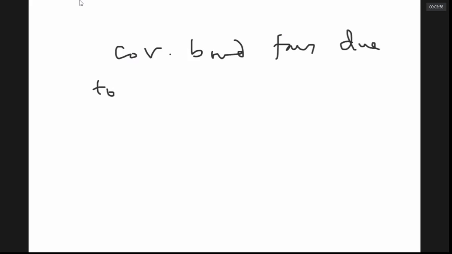Now, according to VBT, covalent bond forms due to overlap of atomic orbitals. Sir, what is overlap? Falling one over the other.